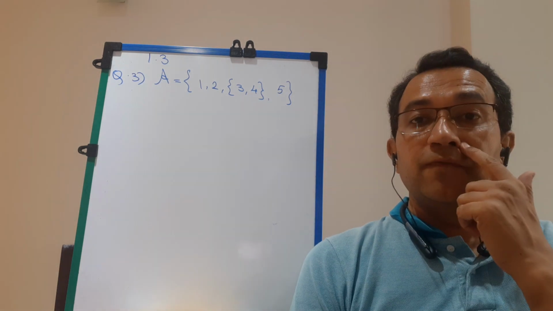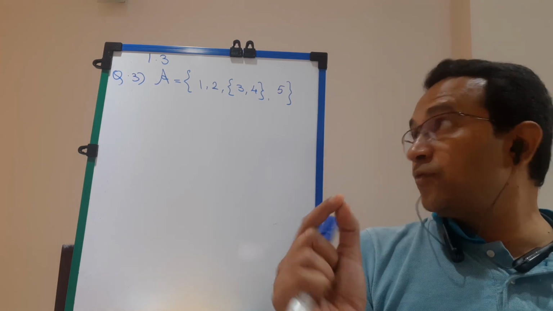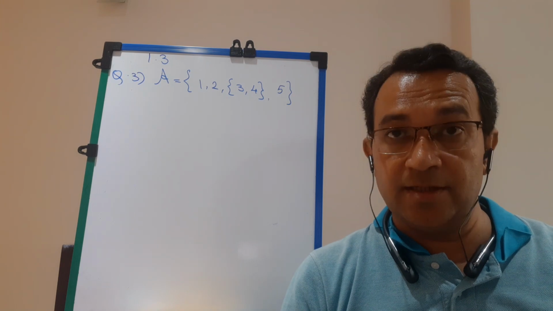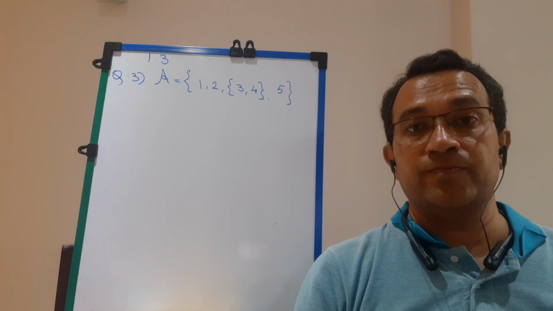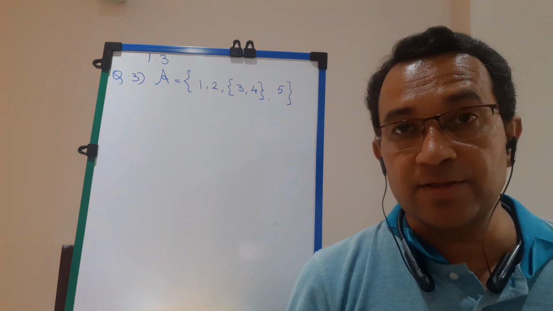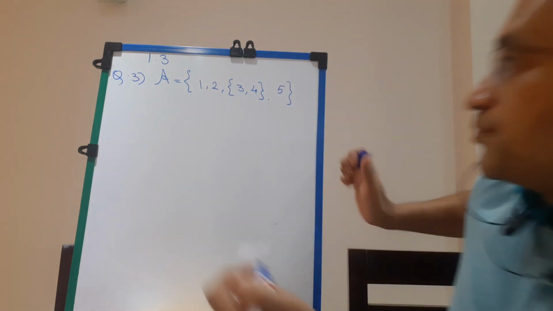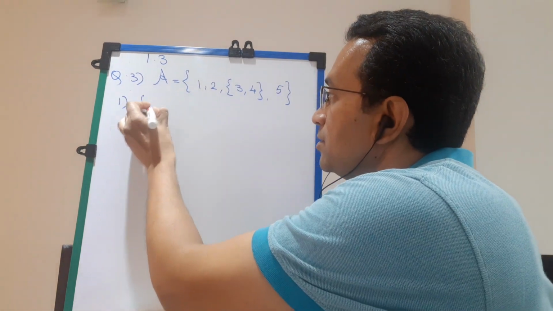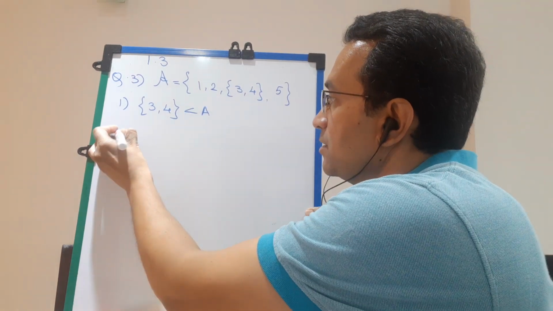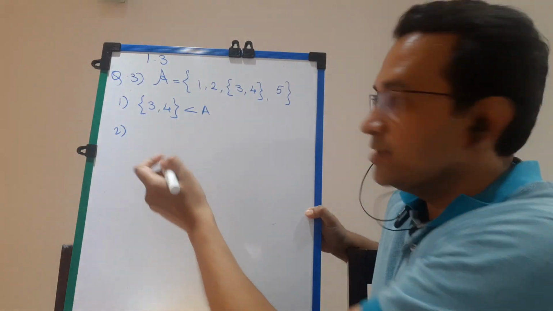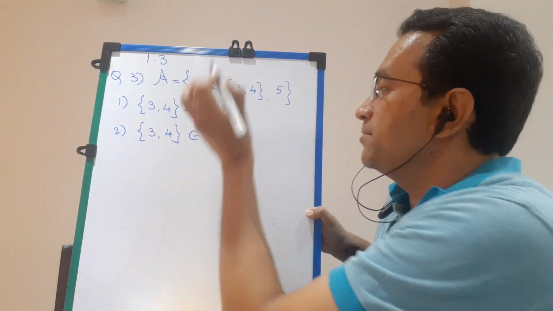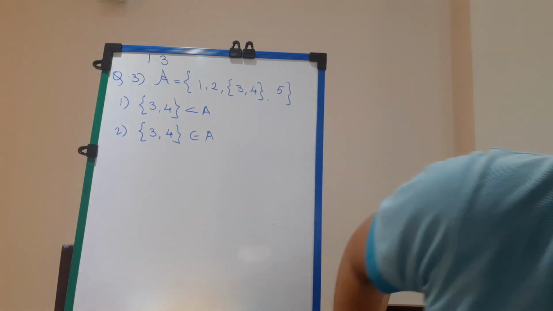Now the first question only I told you set 3, 4 is an element. A set can be element of another set. So be very careful. So when I take only set 3, 4, it is an element. So the first two questions: set 3, 4 subset of A, and second is set 3, 4 belongs to A. Now be very careful.